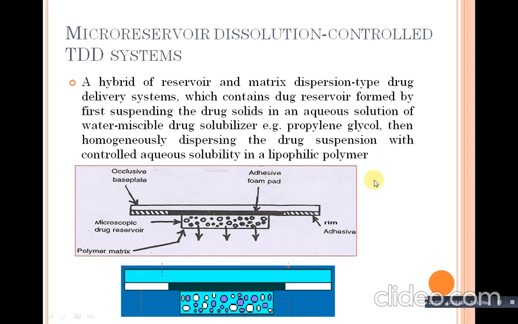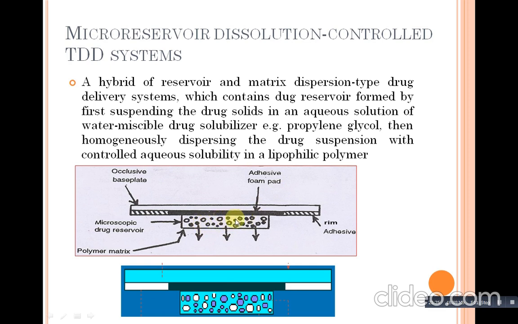It means that first of all we prepare a dispersion or solution of the drug in water. These are the water droplets in which the drug is solubilized, and this drug solution in water is dispersed in a polymer matrix which is lipophilic in nature.